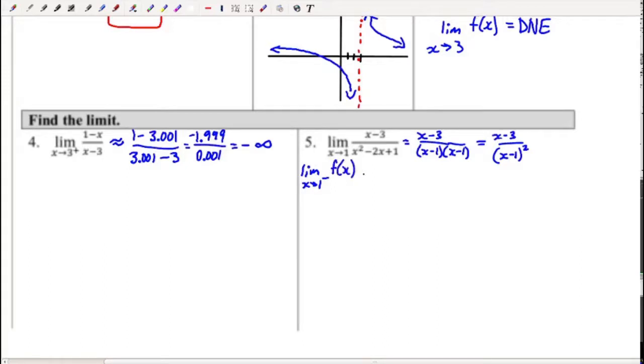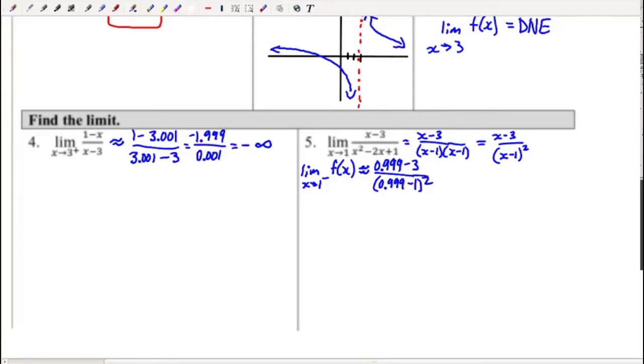So I'm going to say f of x, and then I'm thinking, okay, left-hand side, I need to plug in a number that's just a little bit smaller than 1. So let's say this is approximately equal to 0.999, just a little smaller than 1, minus 3 over 0.999 minus 1 squared.